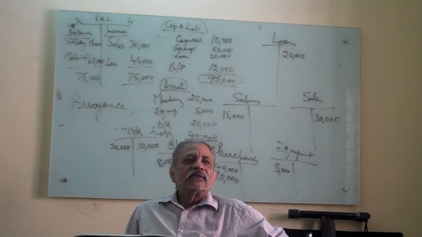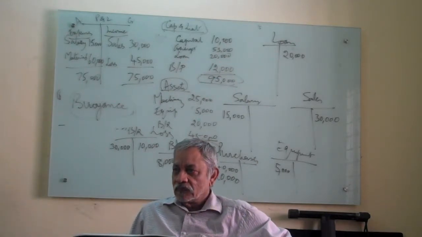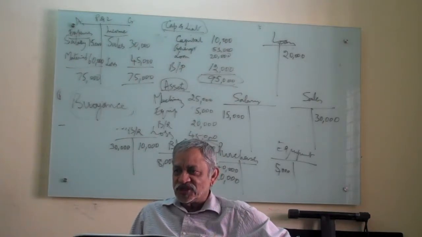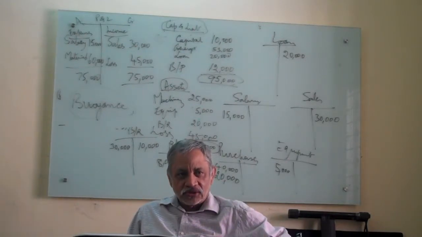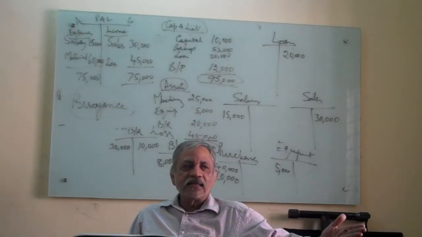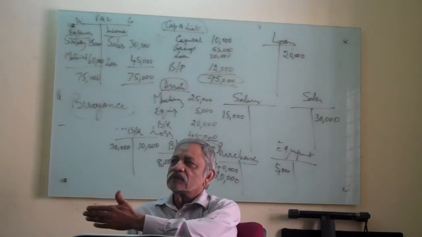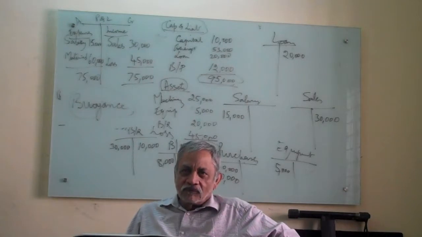If I do that error in one entry, in the double entry, second entry, I do it correctly, so you are still stuck with the error. And if in one part of the system I write 5287 and the second entry under some pressure I write 5278, it won't tally.